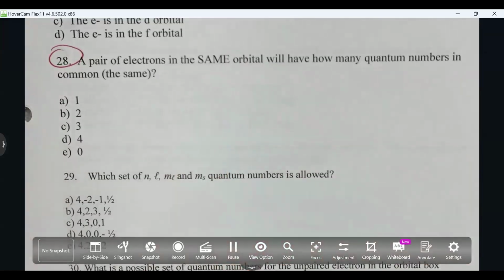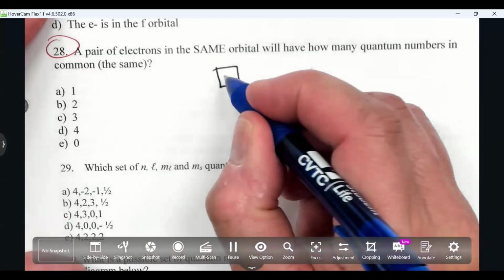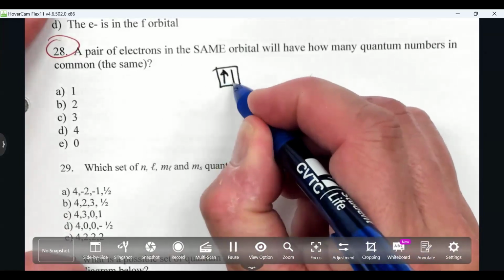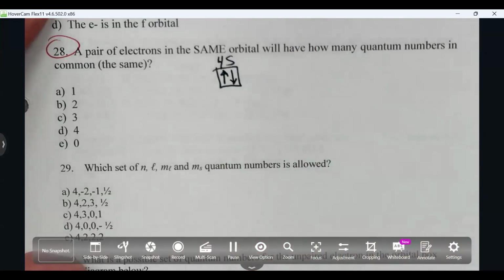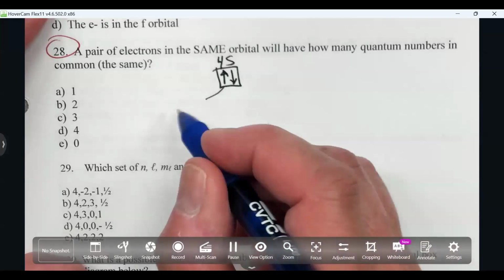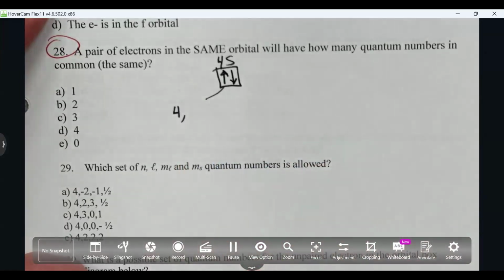A pair of electrons in the same orbital will have how many quantum numbers in common? Well, we can just do that. It's a pair of electrons. Let's say this is a 4s. If this is in a 4s, my quantum number for this one is level 4. 0 for S, 1 for P, 2 for D. So my second quantum number is a 0.